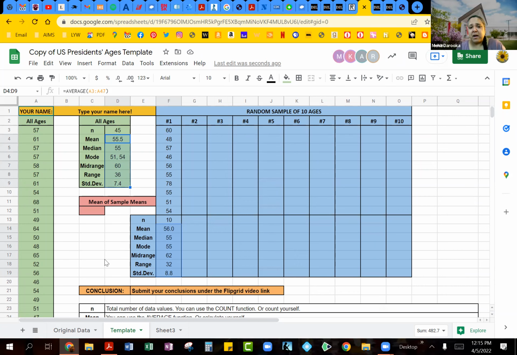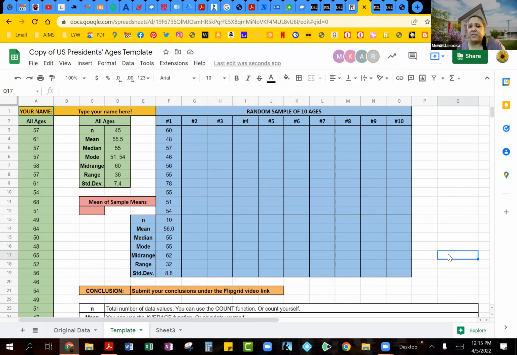Range went down. So this will keep changing as you keep doing these new samples. The more samples you get and start doing these calculations, you will see each one of these data sets is going to have a different mean, median, mode, mid-range, range, and standard deviation.